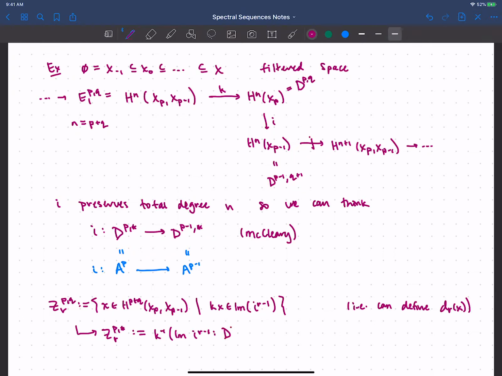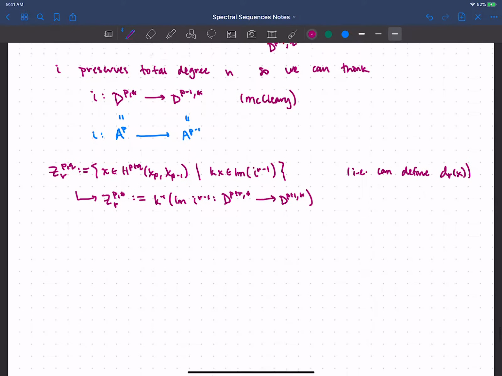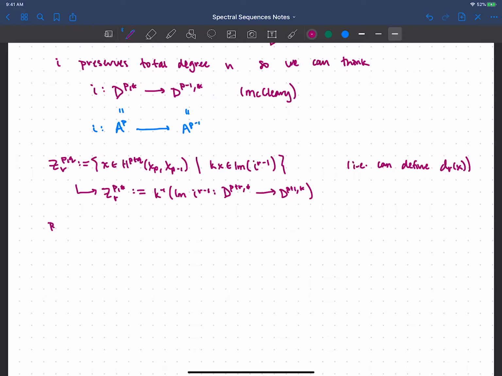And that's a map from D^{p+r,*} to D^{p+1,*}. Okay, and that says exactly the same thing in this particular circumstance, but I can write that down for any exact couple.